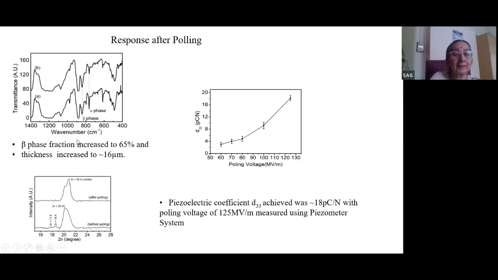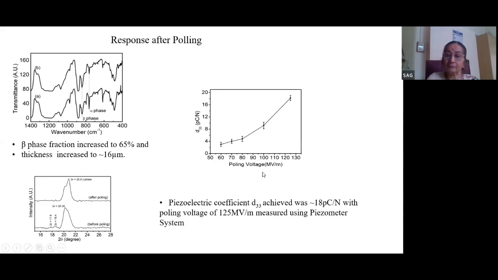This increased the beta fraction to 65% from 55%, and the thickness of the film also increased, but this is also okay for our pulse measurement.